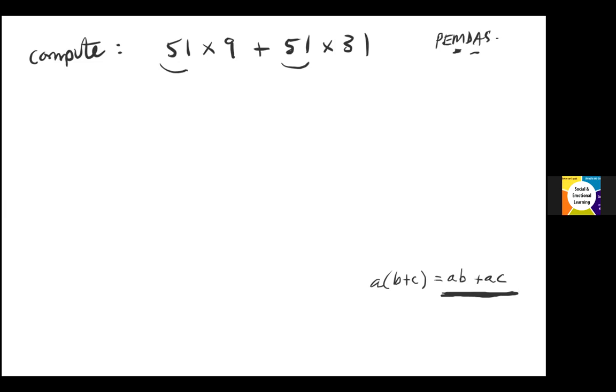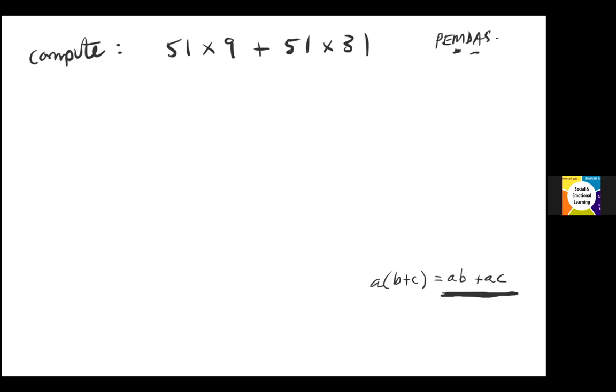51 times 40. Okay, cool. So in order to get 40, how would we rewrite that? How would we rewrite this line using the distributive property then? You want to say 51 times 40, but how did you get there?